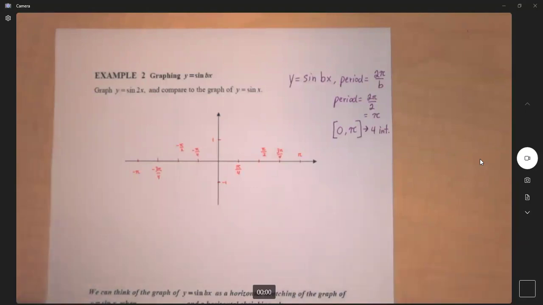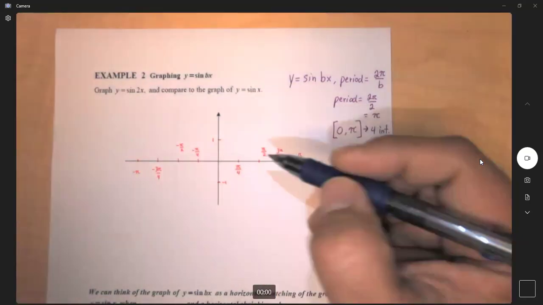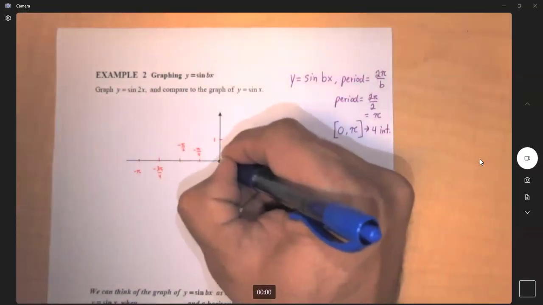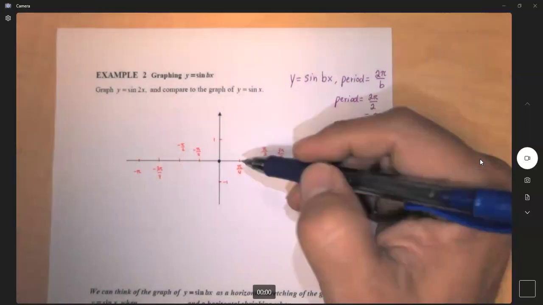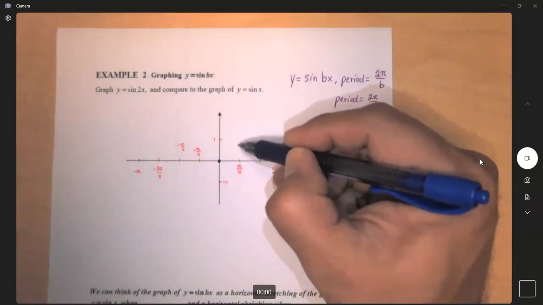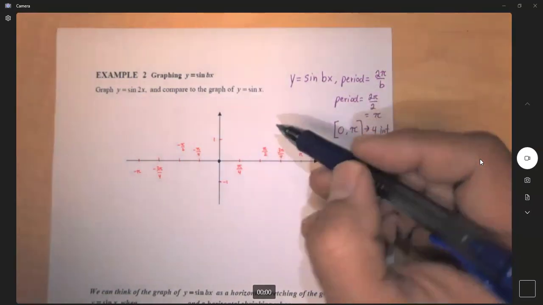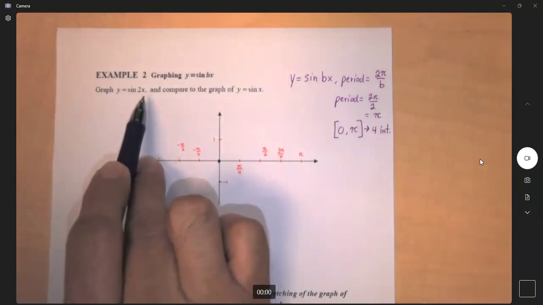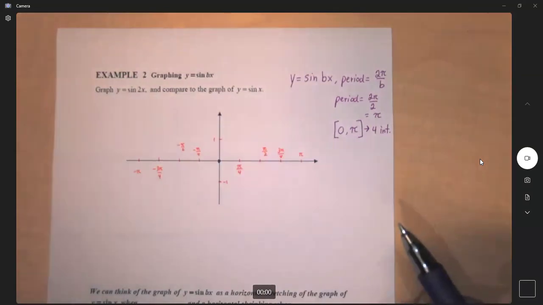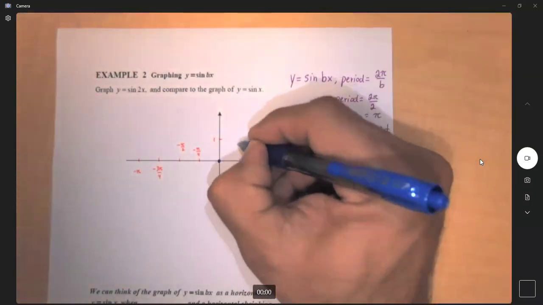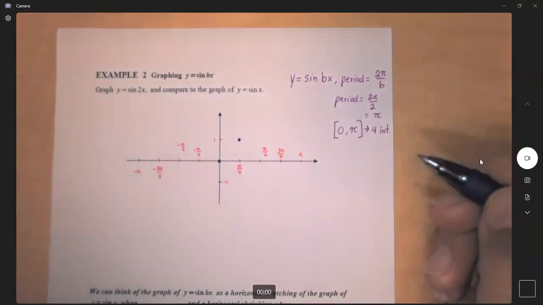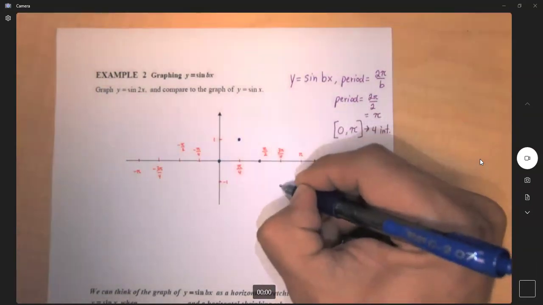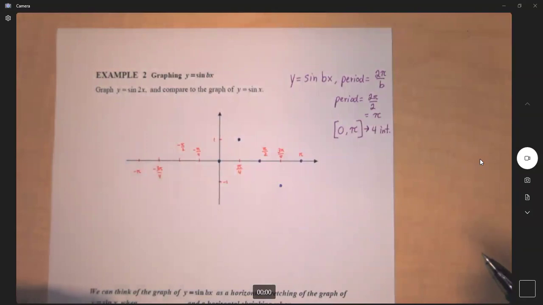Except now the sine of 0 is still 0, but the sine of pi fourths is equivalent to the sine of pi halves, because when I plug in pi fourths there, 2 times pi fourths is pi halves, and the sine of pi halves is 1. So now that value of 1 is at pi fourths, right? And then the rest continues that way at those intervals.